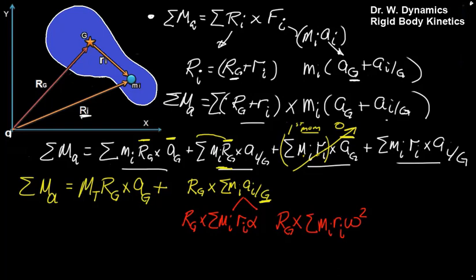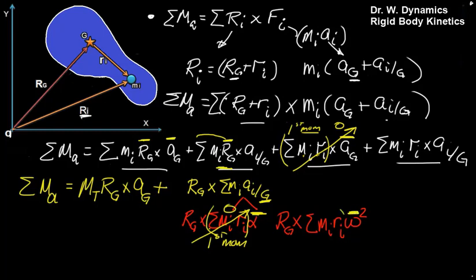And if we look at that, alpha is a constant. So we really have the sum of the miRi's here, which is our lowercase r's with respect to the centroid. That is the first moment about the centroid. So that term goes to 0. And over here, omega is a constant for all points on the disk.